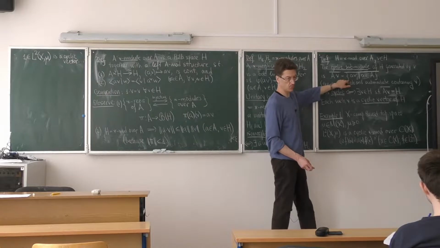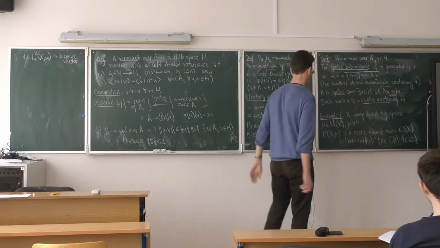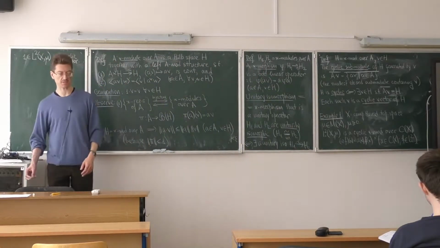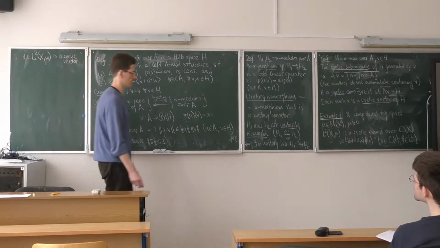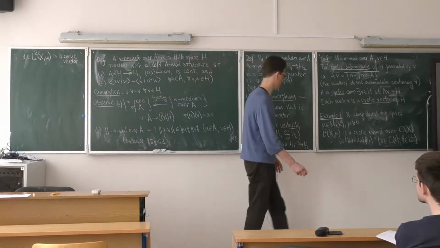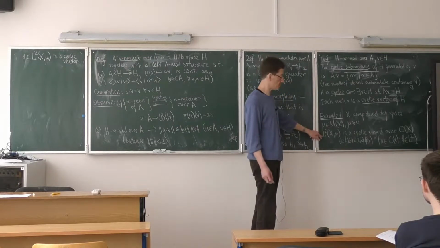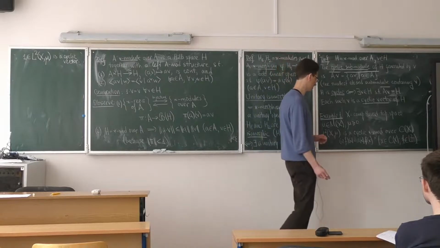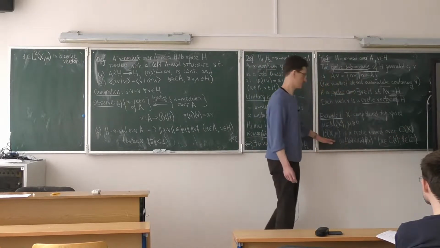After we take the closure, we get L2, because the canonical image of C of X is dense in L2. So it is a cyclic vector, and L2 of X is a cyclic star module. And we will see soon that this example is typical in the sense that each cyclic star module over C of X is of this form.